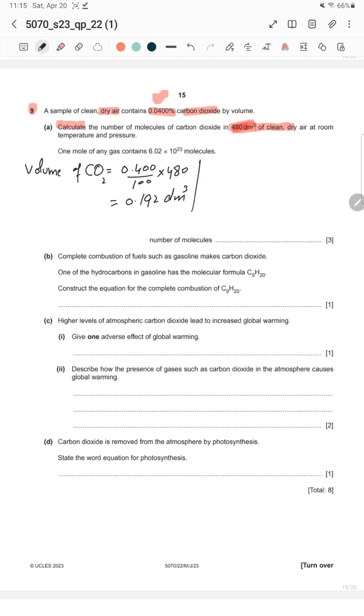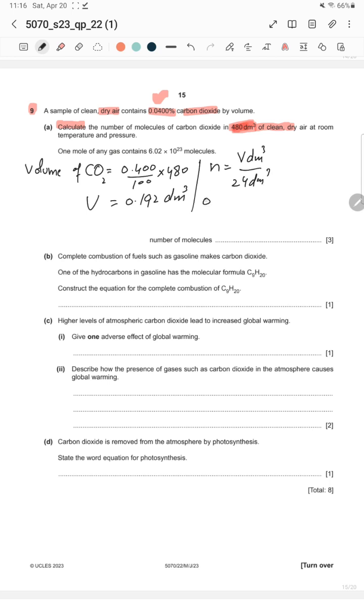So now we have the volume of carbon dioxide, so we can calculate the number of moles of carbon dioxide. How can we calculate the number of moles? Whenever the volume of gas is given in dm cube, we use this formula: number of moles equals volume in dm cube over 24 dm cube.